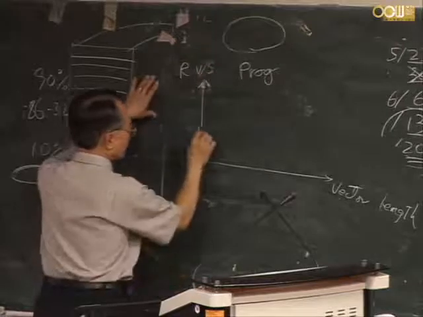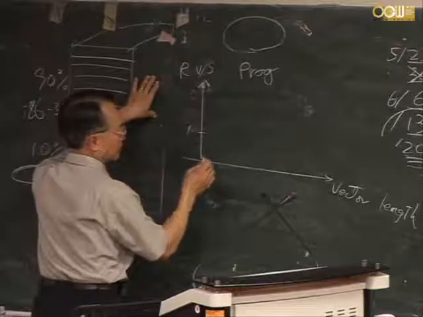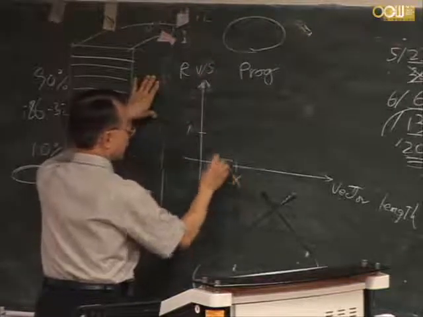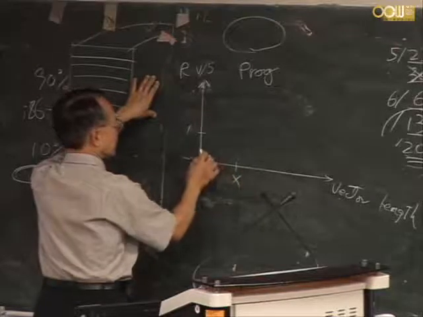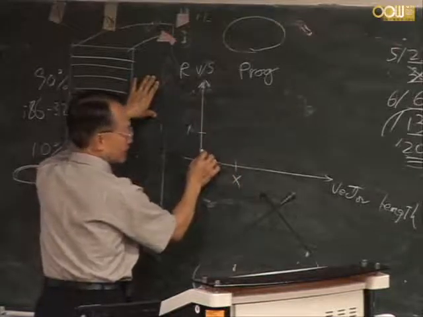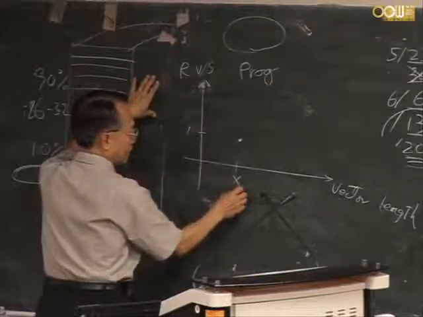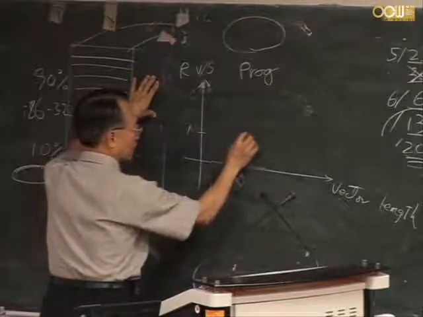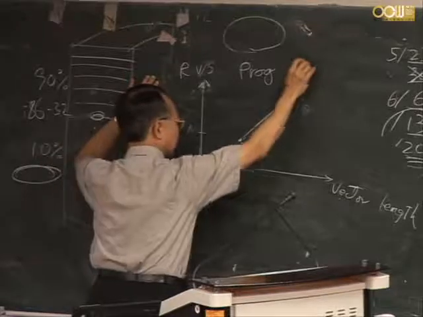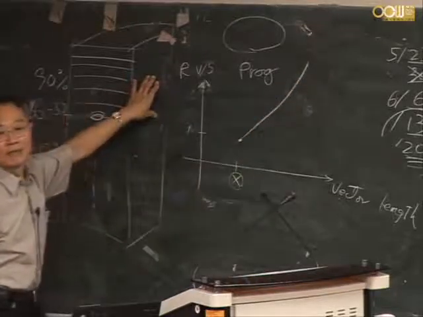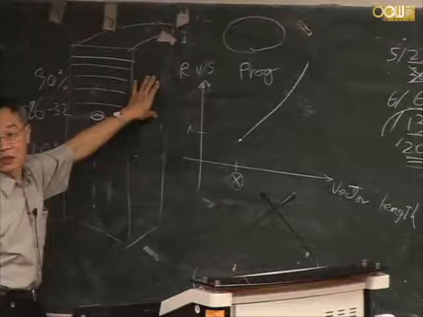For short vector lengths, the scalar mode will be faster than the vector mode. And then later, over this point, the vector mode performance will be much better than the scalar mode.